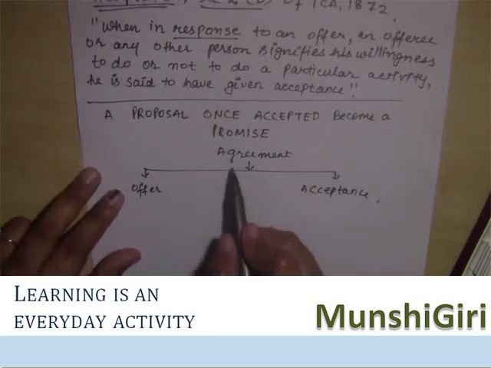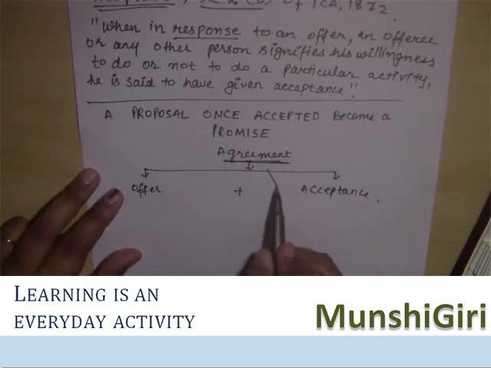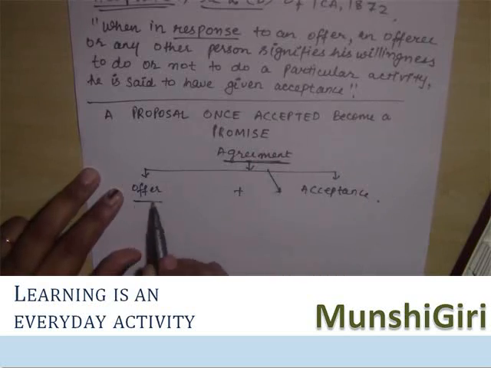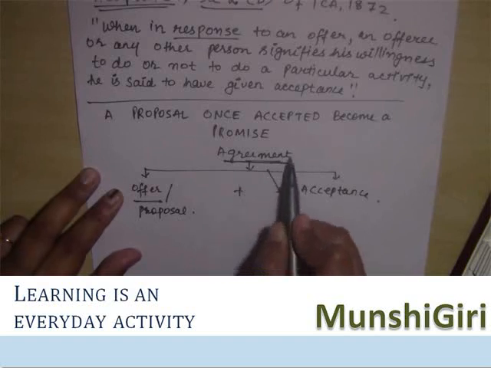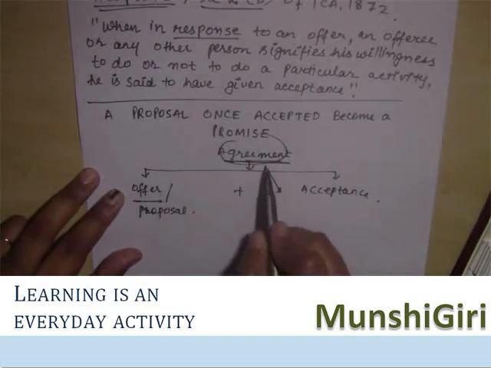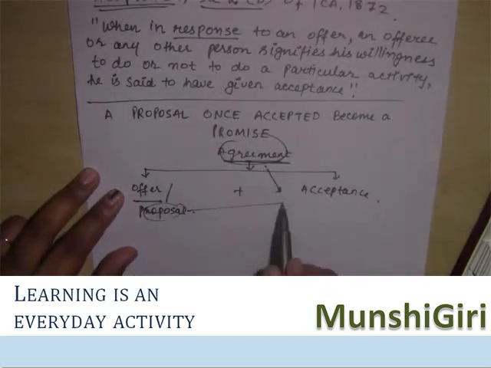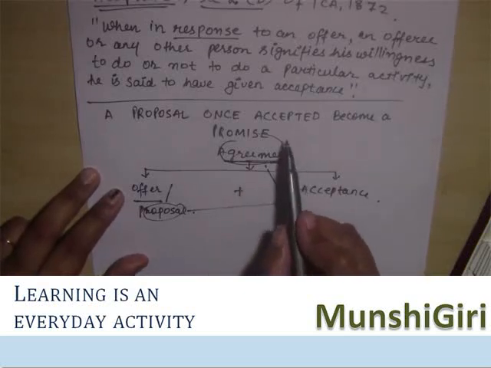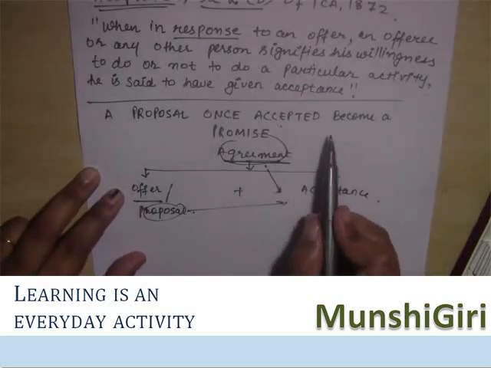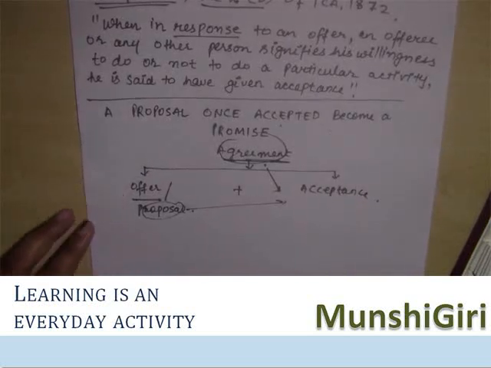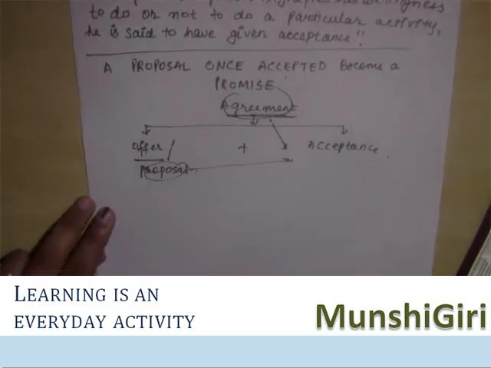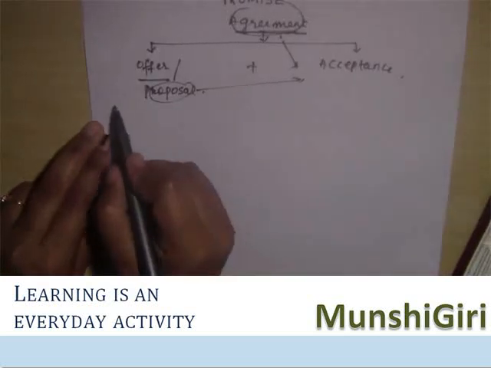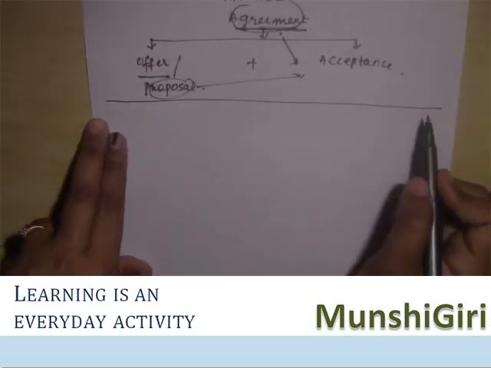So an agreement is an accepted proposal. What is an agreement? An agreement is a proposal which has been accepted, and when the proposal gets accepted, it becomes a promise. So till now we have covered two definitions. The first one was offer and the second one was acceptance.